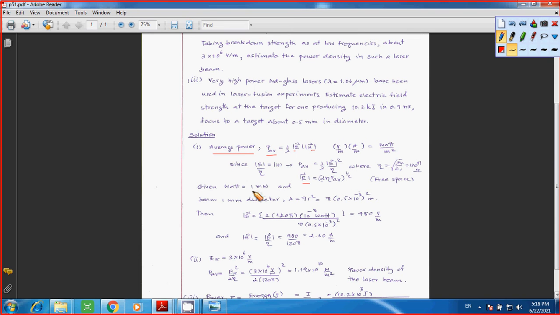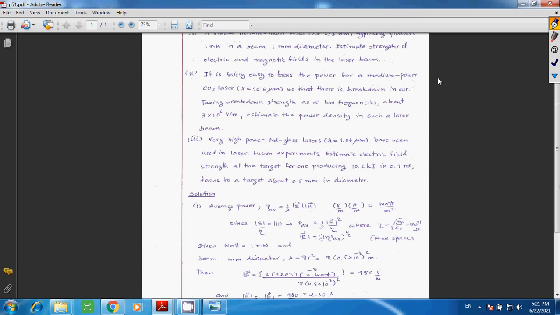For the power given to be 1 milliwatt, and eta equal to 377 ohms, you just plug in the numbers and end up with the magnitude of the electric field of 980 volts per meter, and H is simply the magnitude of the electric field divided by eta. So you have 980 divided by 120 pi ohms. That gives you 2.60 amperes per meter.